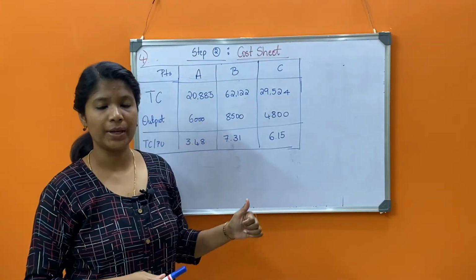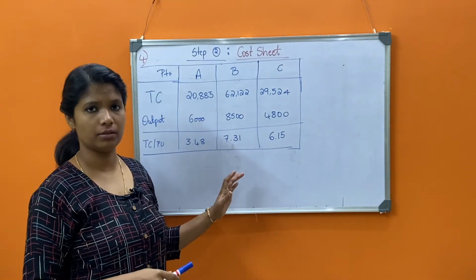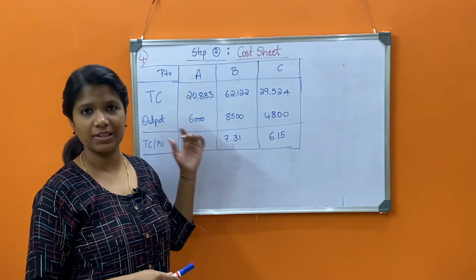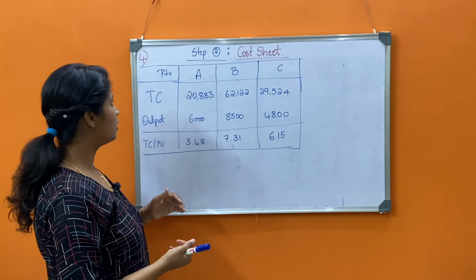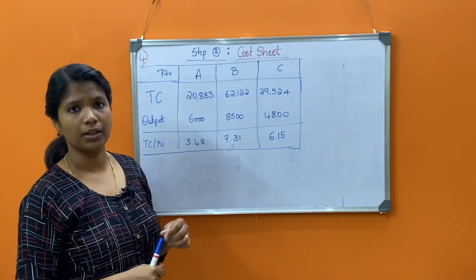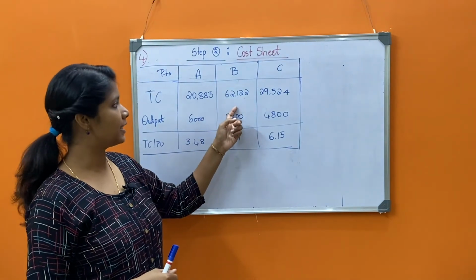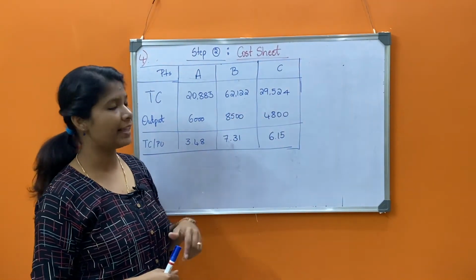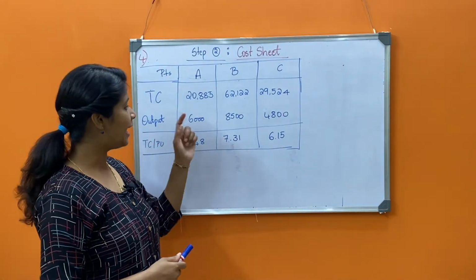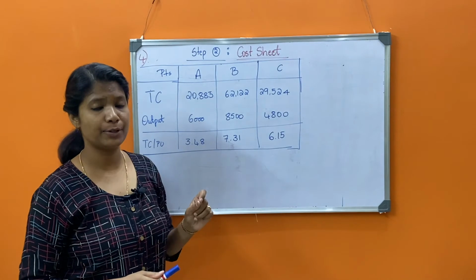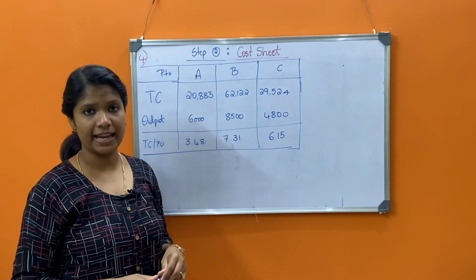Just continuing, you don't have to prepare two tables; there's no space on the board over here, so I've broken it down into two tables, but you can do it thoroughly in one set. Now finding the cost per unit, we know the total cost is 20,885, 62,122, 29,524. The output: product A has produced 6,000 units, B has produced 8,500 units, and C has produced 4,800 units.